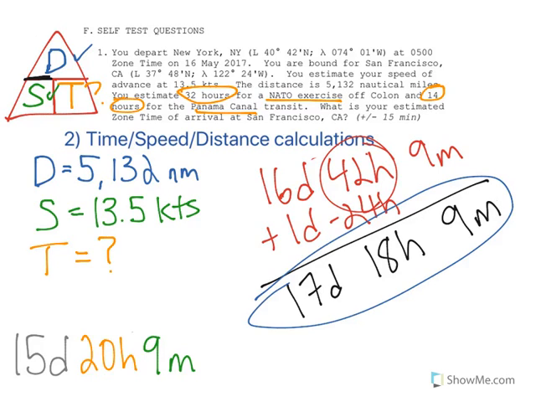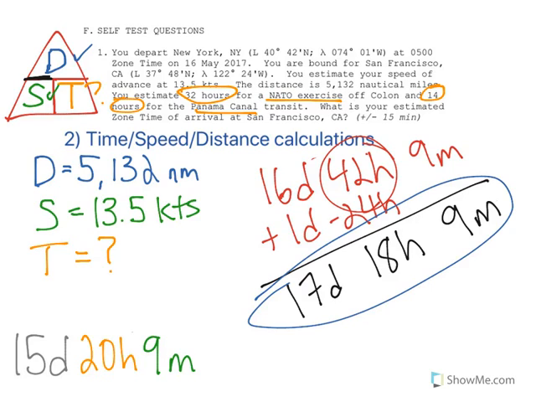So it'll take us total 17 days, 18 hours, and 9 minutes to go from New York to San Francisco, which is a distance of 5,132 nautical miles at a speed of 13.5 knots, in addition to the 32 hours for the NATO exercise and the 14 hours for the Panama Canal transit. That is the final answer for step 2.